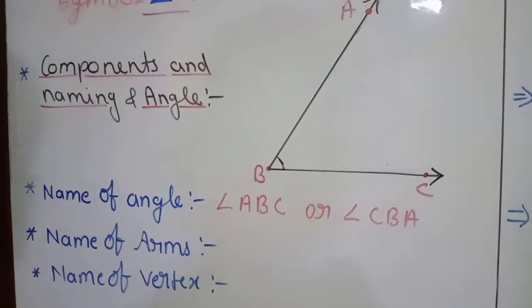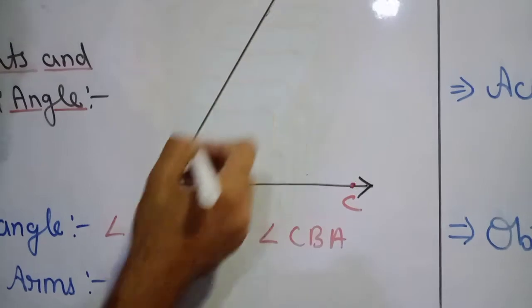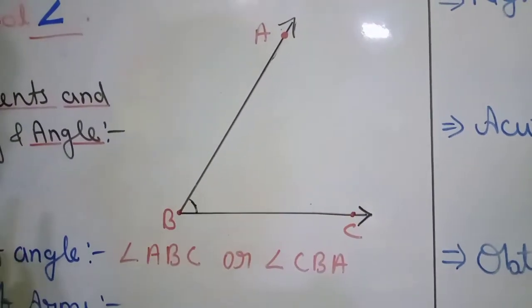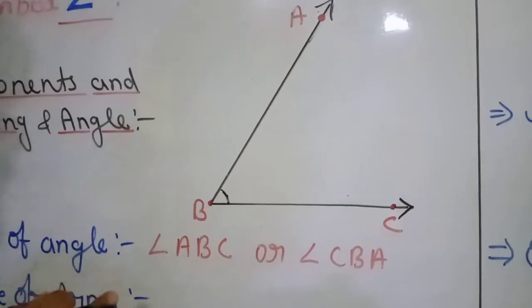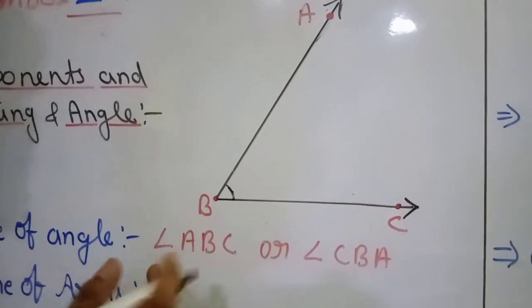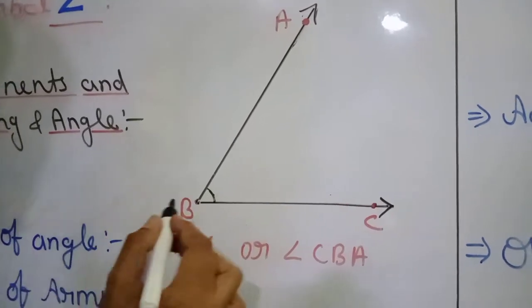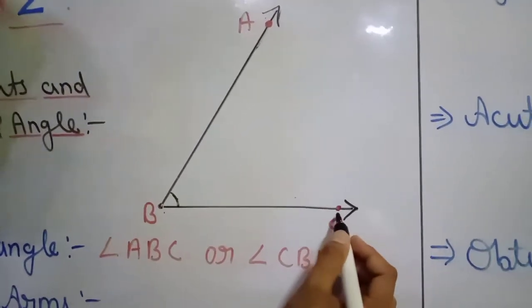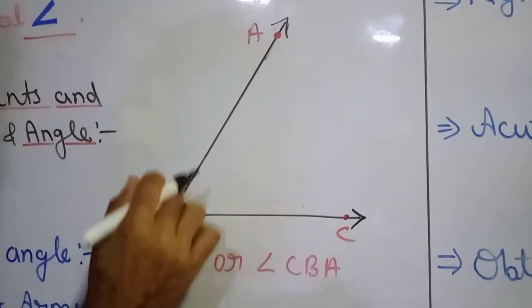The next component is the name of arms. As I said, these two rays are making the angle, so these two become the arms of the angle. And always we start giving the name of the arms with the common endpoint. So BC and BA.